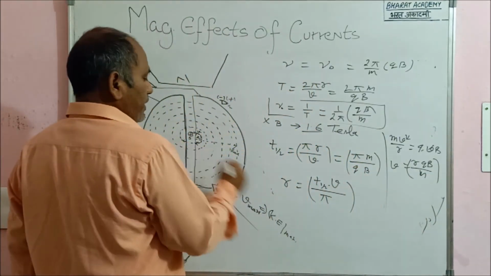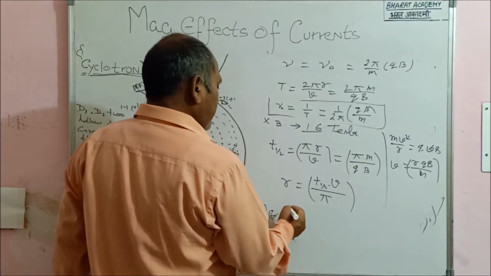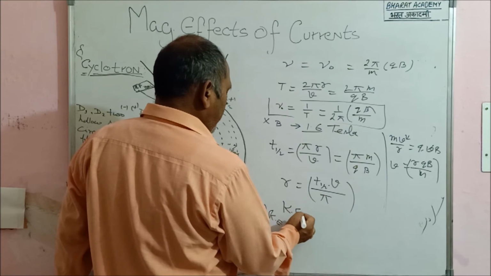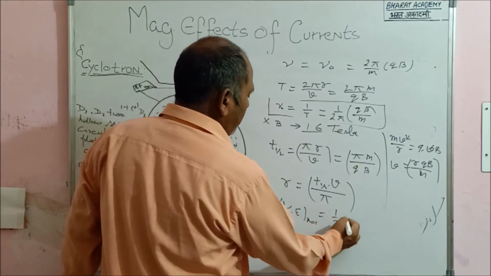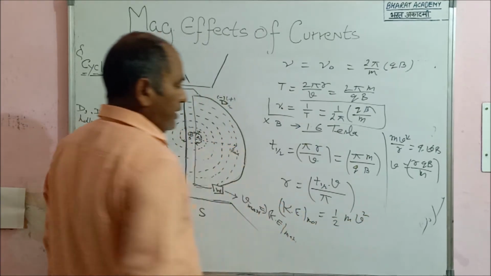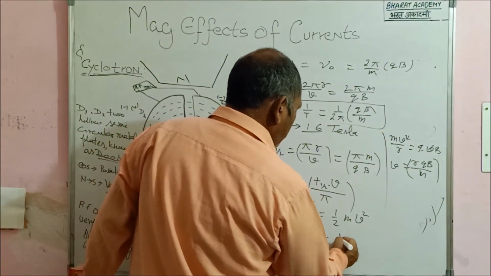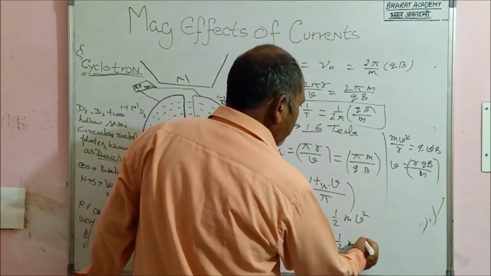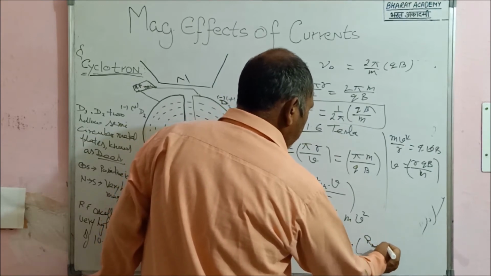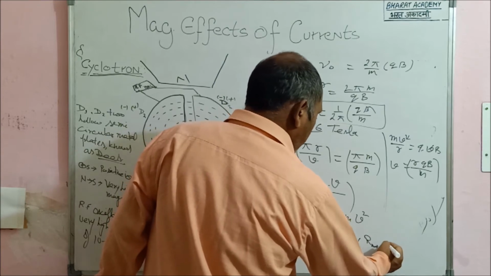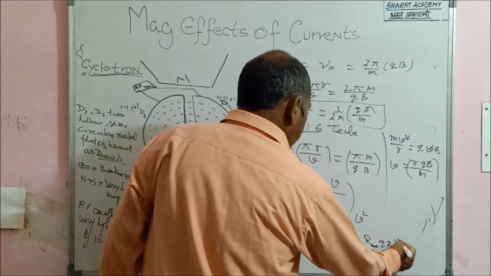So when this r maximum is obtained, then we can calculate KE maximum, which will be half mv square, right? If you substitute the value, it comes out to be half m times r cube, with r written as maximum, the maximum radius which it has acquired, its whole square.